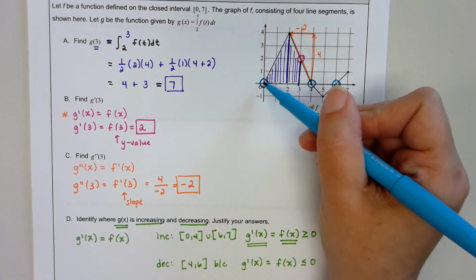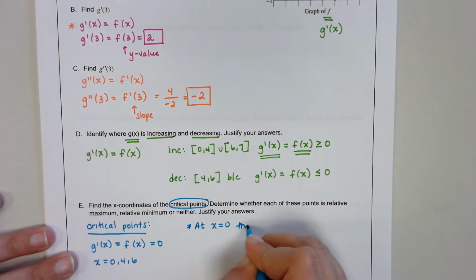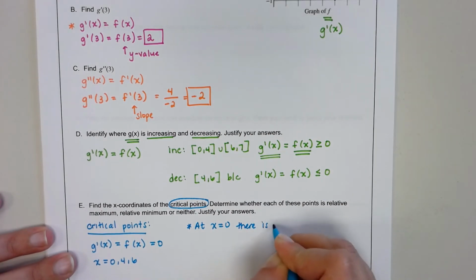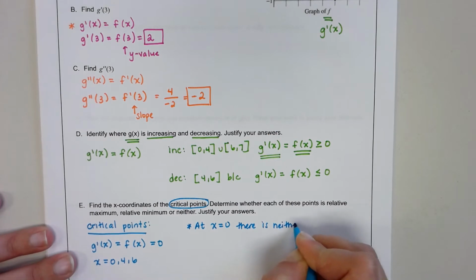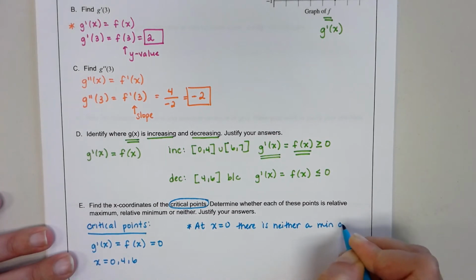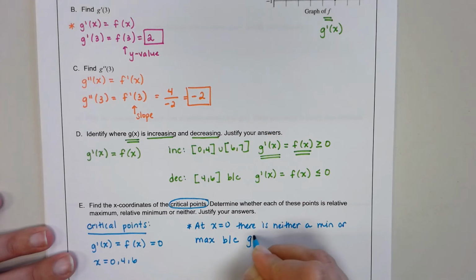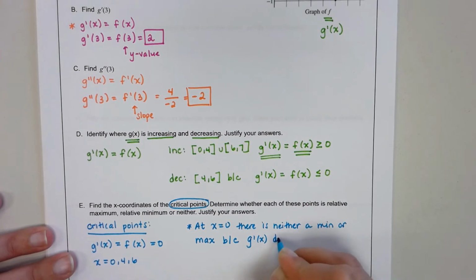There's nothing happening before this. So we would say at x equals 0, there is neither a min or max because g prime of x does not change signs.